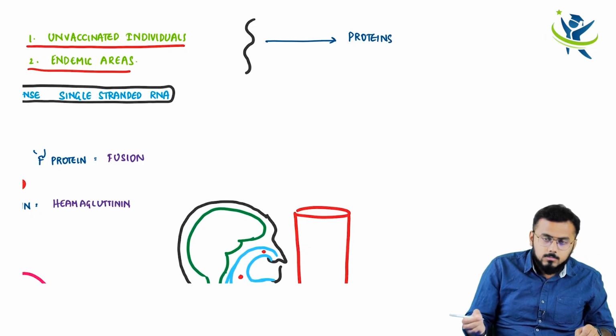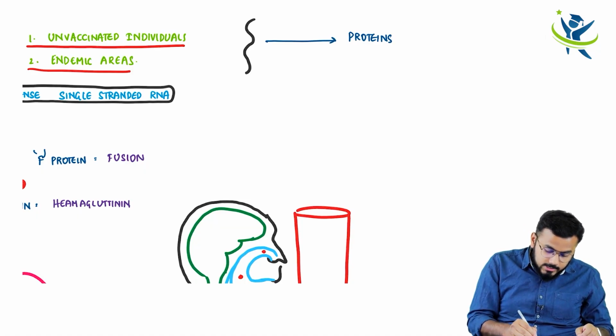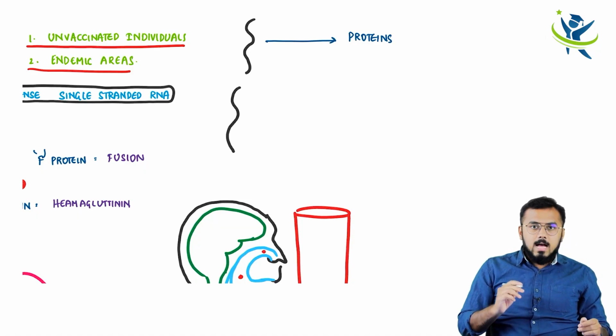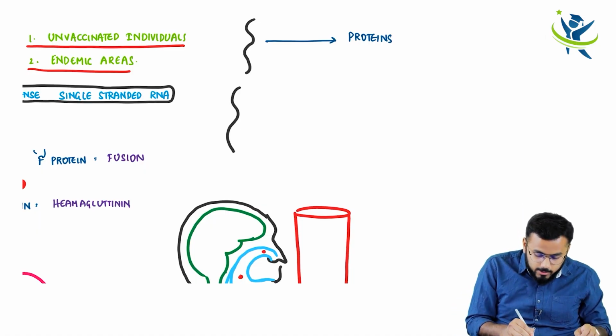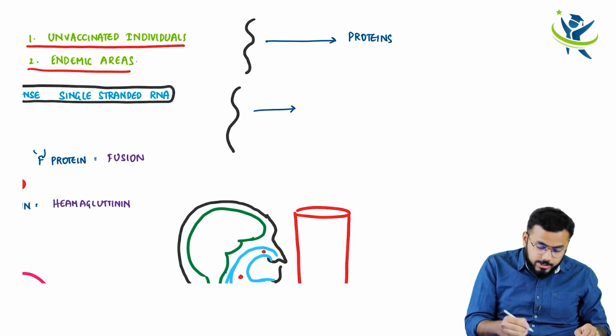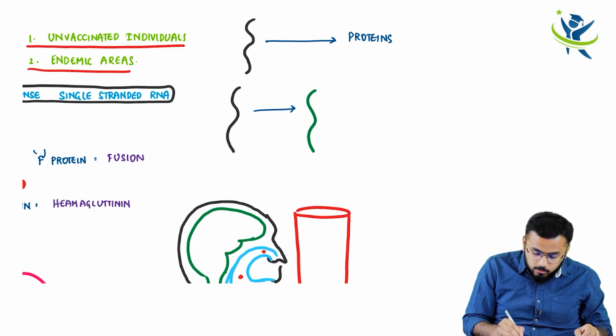There are some RNA molecules that have to be processed. Processed in the sense that first this RNA molecule will convert into another RNA molecule, and this RNA molecule will finally synthesize proteins.